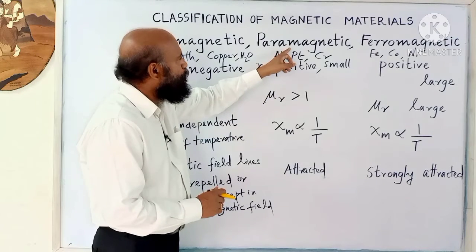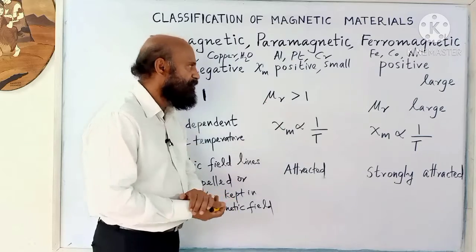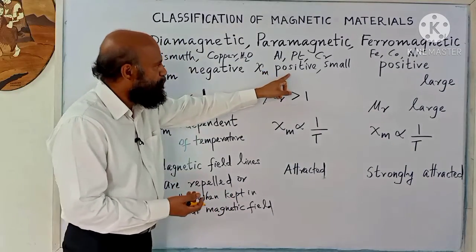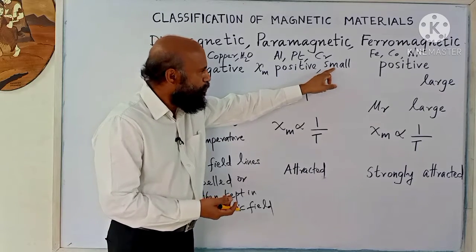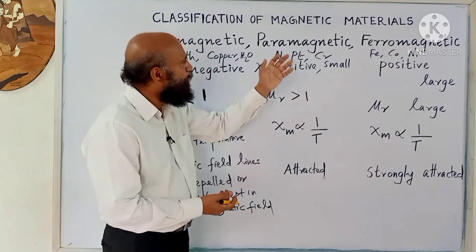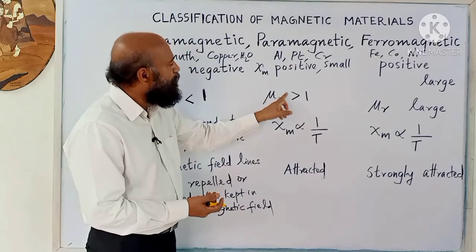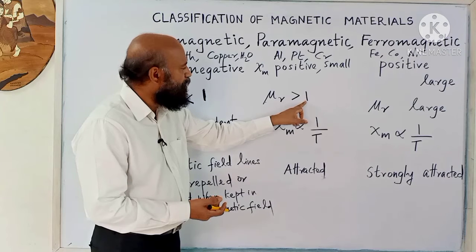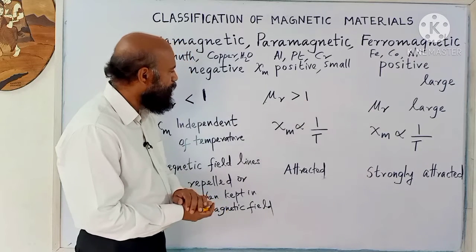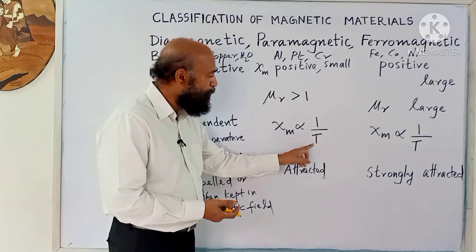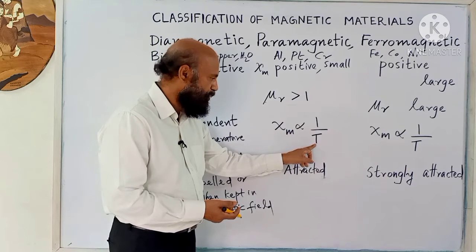Then properties of paramagnetic materials. Susceptibility is positive, but a small quantity. So paramagnetic materials can be magnetized. Relative permeability is greater than 1. Here, susceptibility is inversely proportional to the temperature.